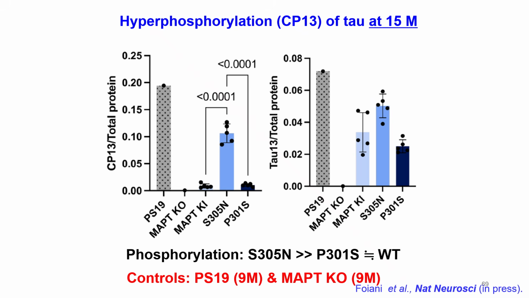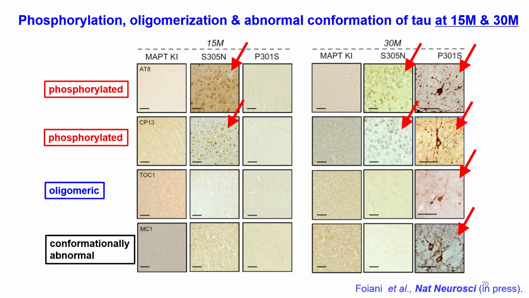This slide illustrates phosphorylation, oligomerization, and abnormal conformation of these mutant lines at 15 and 30 months. Whereas the S305N line shows hyperphosphorylation without oligomerization and fibrillization at both time points, the P301S line shows pathological tau deposition only at 30 months.